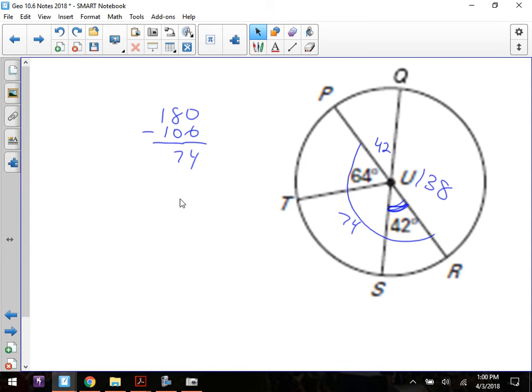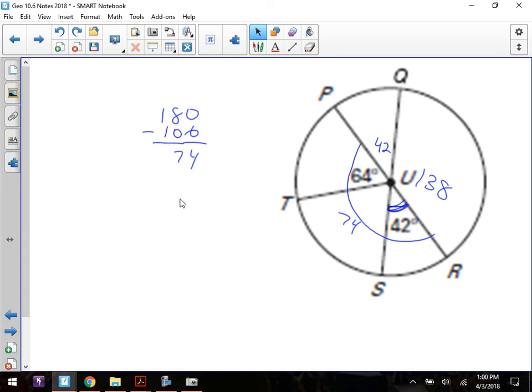RQS, again, do the 360 and back out the 42, and you get, there you go. PQS, that'd be your 180, add the 42, so 222. PS, remember, when you have two letters, it's the shortest distance, and they're talking about minor arc. That's when you have your 138.